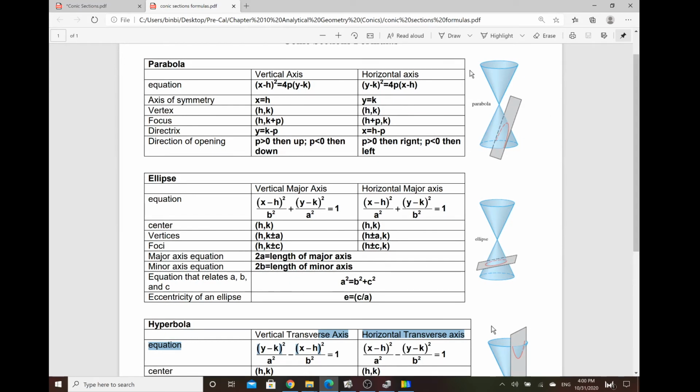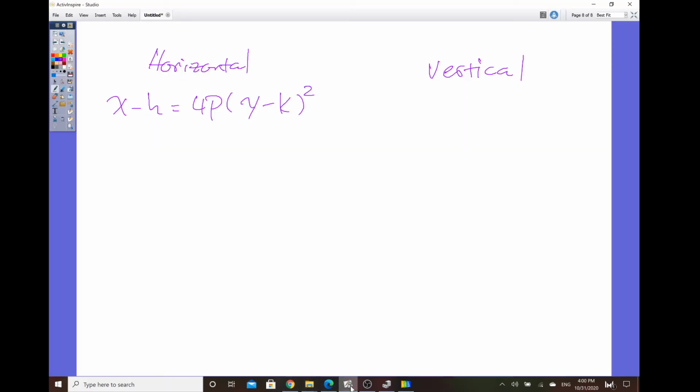It says y minus k quantity squared equals 4p times x minus h. Now what happens if I want to put it this way? x minus h equals, well, the only thing I can change here is can I convert this one to 1 over 4p?